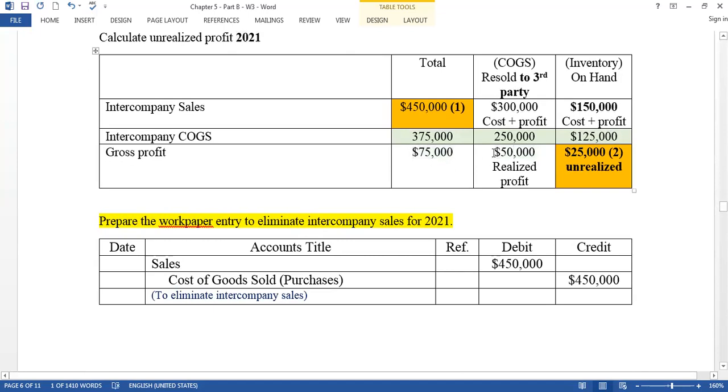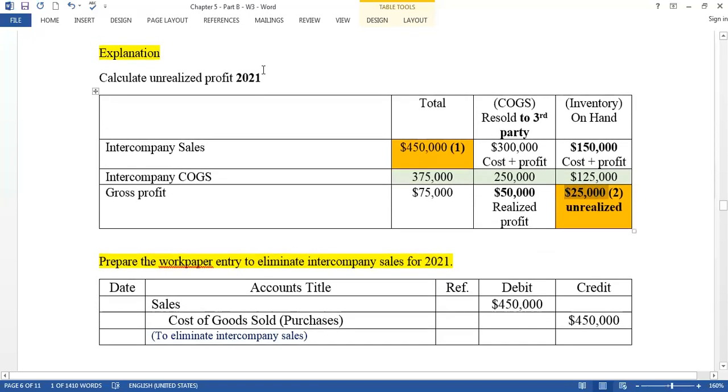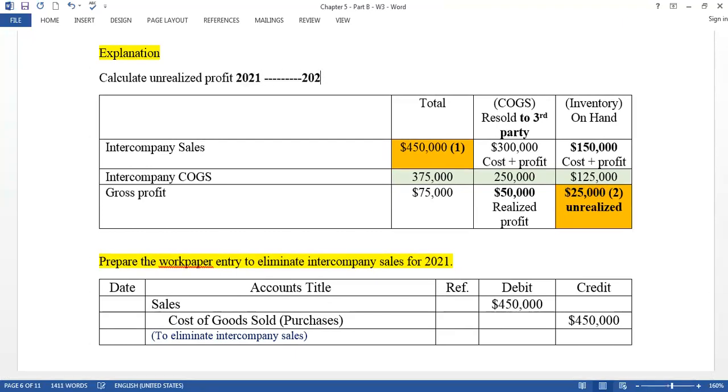But how much did we earn? We earned already $50,000, right? And we have not yet earned $25,000 because we are holding this. When we are holding this, it is 2021. So when 2021 is over, we go to 2022. What will happen?